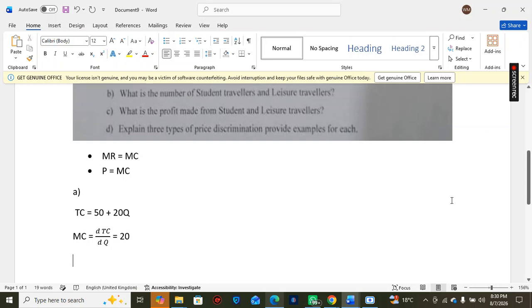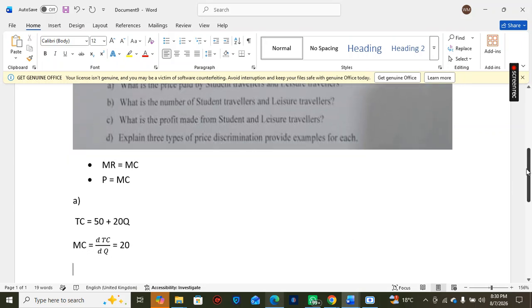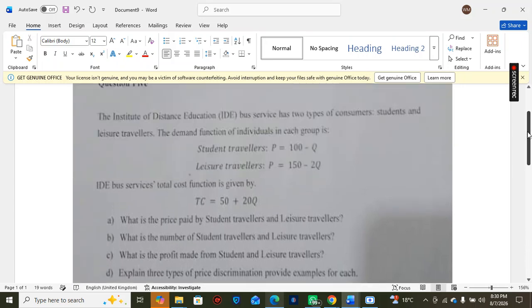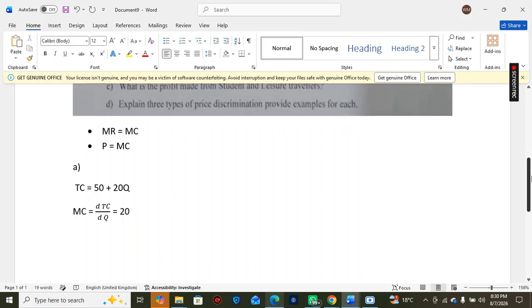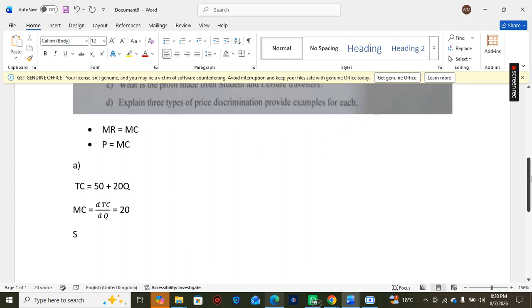Next, we now need to get the marginal revenues. First, the total revenues for student travelers and leisure travelers. So we're going to start here. Student traveler, leisure traveler.